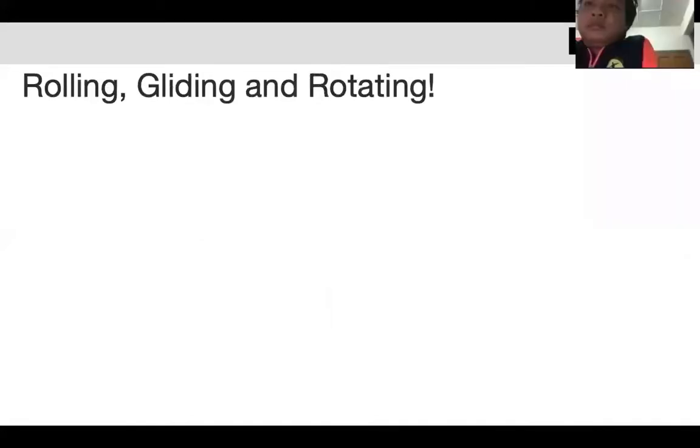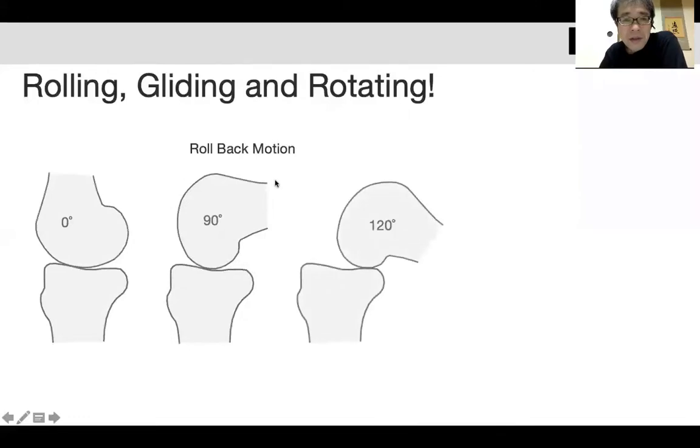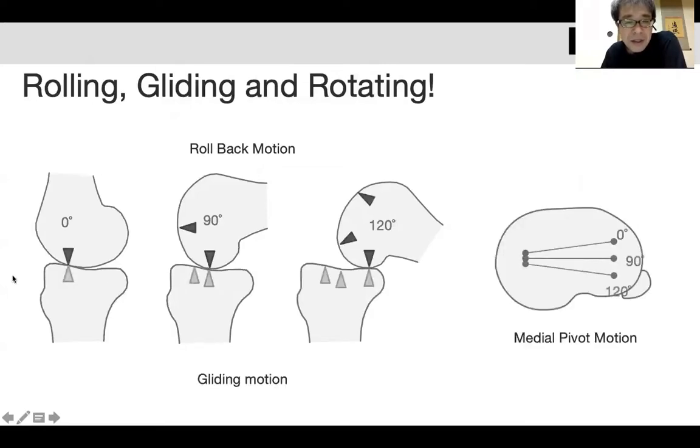But the knee has a complex motion, a combination of rolling, gliding and rotation. From extension to flexion, the knee bends, but at the same time the surfaces slide on each other.